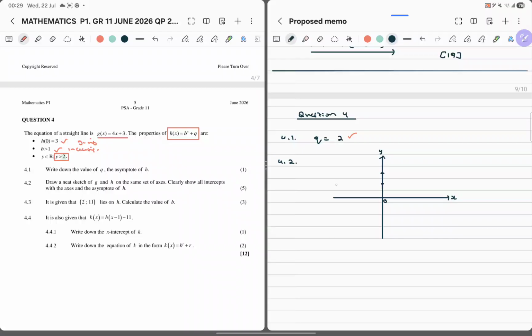So we will have our horizontal asymptote going horizontally like this. So the exponential is increasing, guys, cutting at that 1. So this is our h. Okay, let's wait before we do anything. So this is at 3.